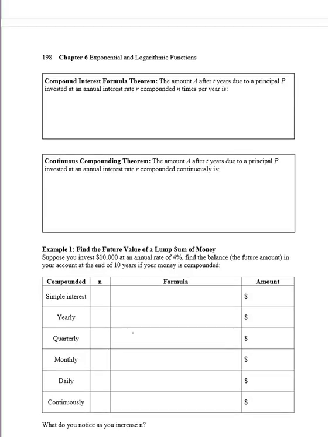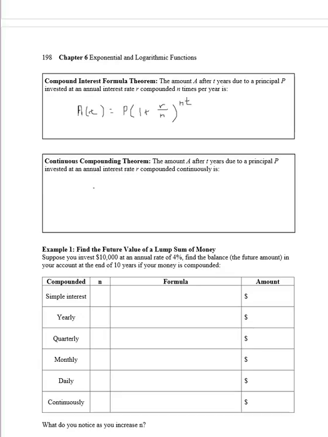So, the compound interest formula is the amount after T years equals the principal times 1 plus the interest rate divided by the number of compoundings per year, raised to the number of compoundings per year times the number of years.